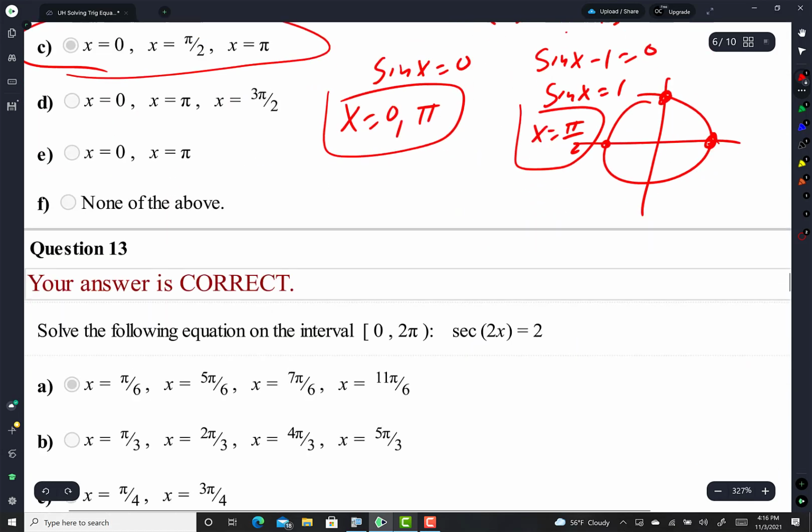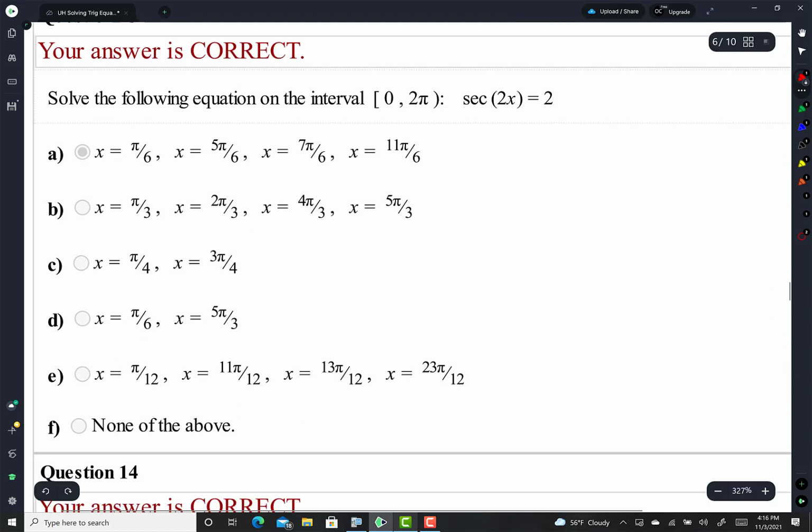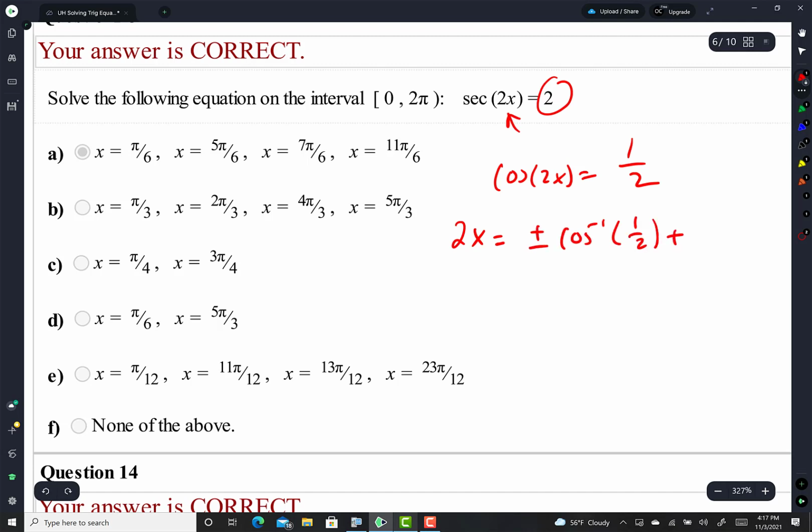Let's go to the next one. Alright, for these, I would work with cosine. So I would just take the reciprocal immediately. Keep the argument the same because you can't do anything about that. So the reciprocal of secant is cosine. Cosine 2x equals, take the reciprocal of 2, a half. So then, here we go. 2x equals plus minus arc cosine of a half plus 2 pi n. You can use your unit circle right here, but I'm going to use my formula.